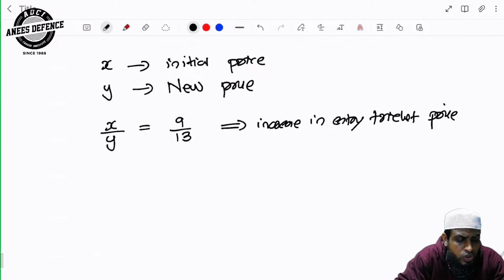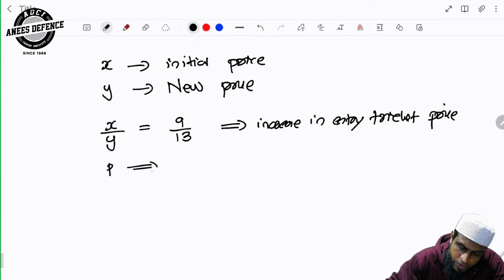The number of visitors to the fair decreased in the ratio. So initially, for example, P, initial number of visitors.